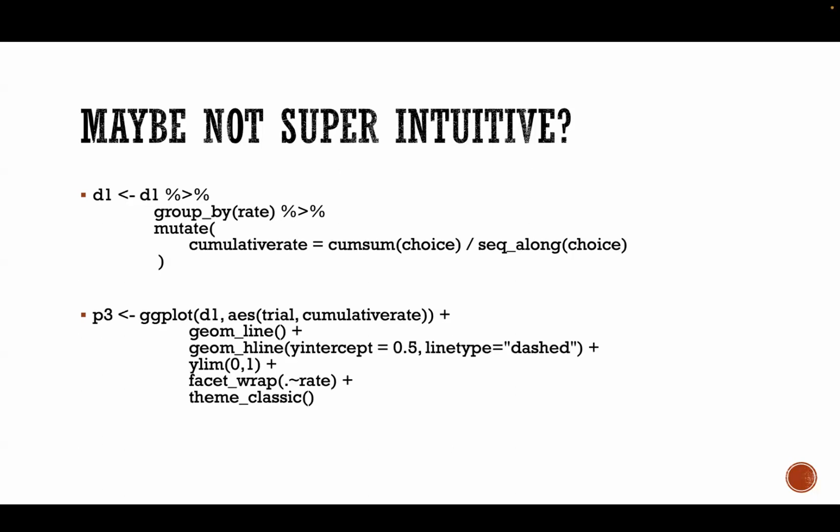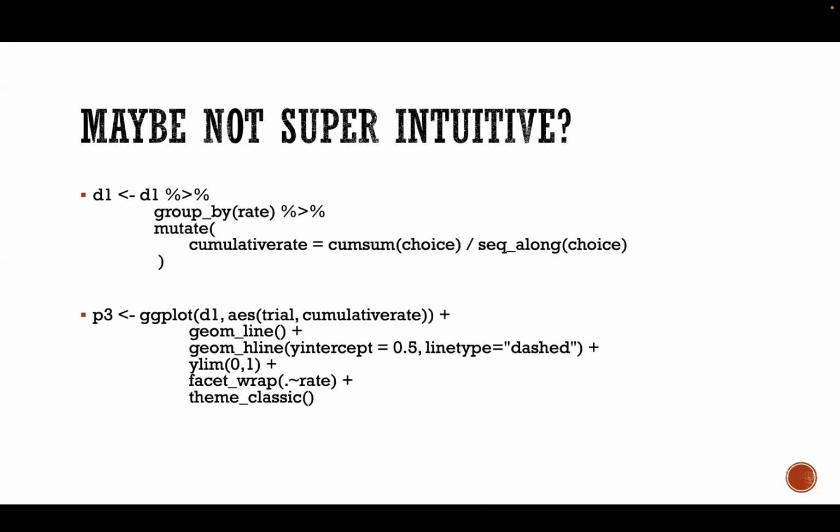And then we do another ggplot where we still have the trials as the x-axis, but the cumulative rate as the y-axis. We still use the geometric line. We facet wrap by rate, that is, we create different panels by rate. We still remove the silly gray background.